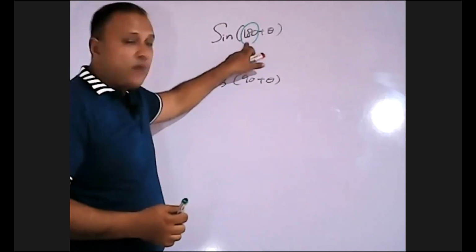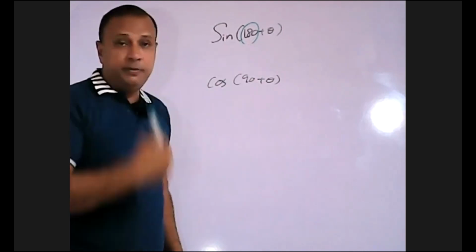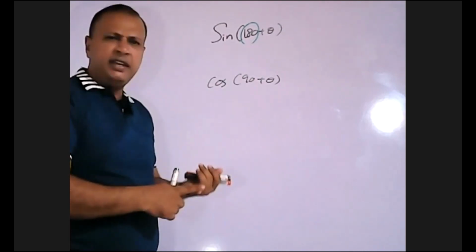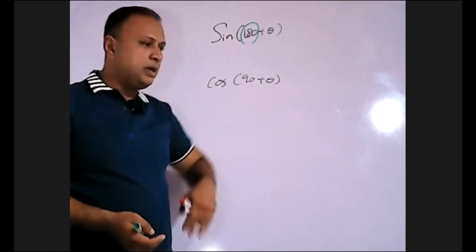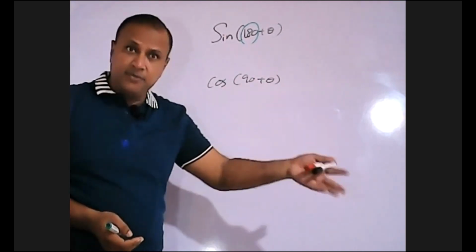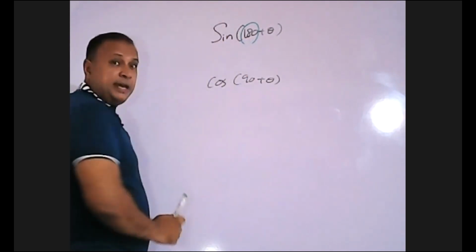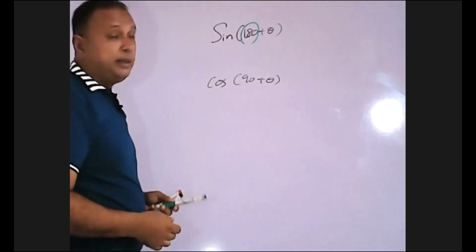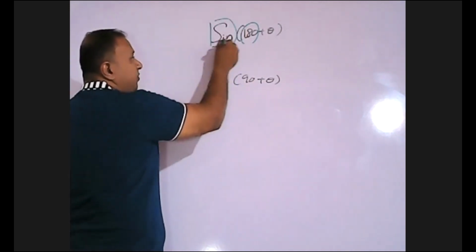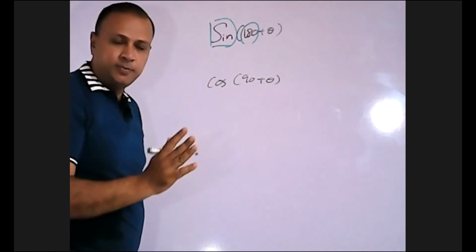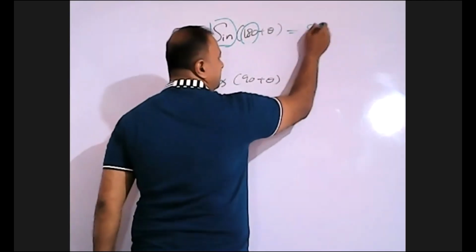If this value is an even multiplication of 90, that means 180 and 360. 180 means 90 into 2, 360 means 90 into 4. Then the trigonometric ratio doesn't change. It remains as sine.